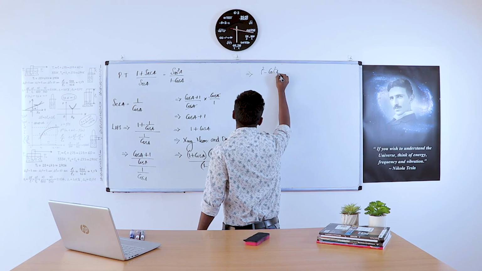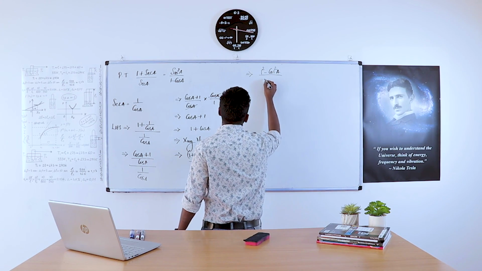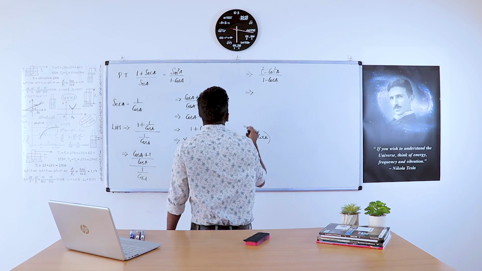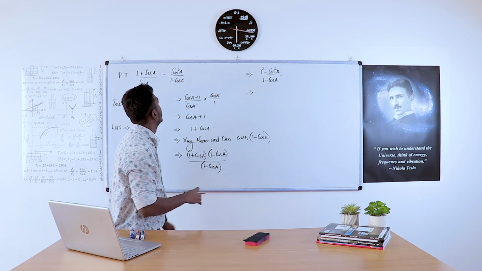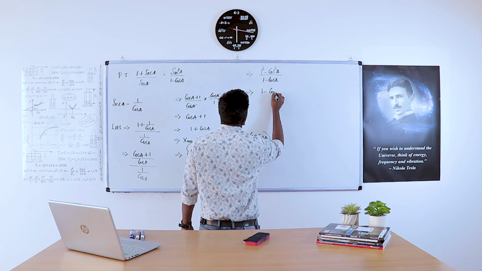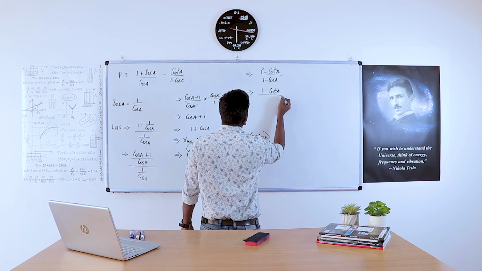So 1 square minus cos square A divided by 1 minus cos A.